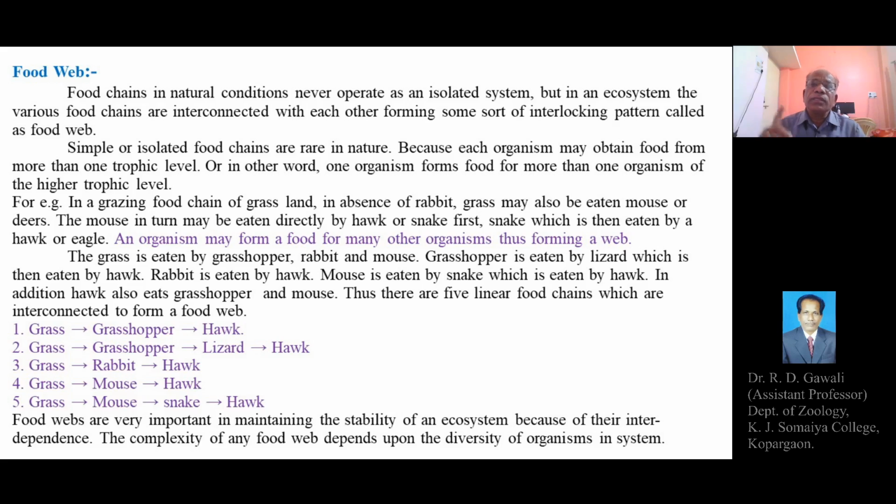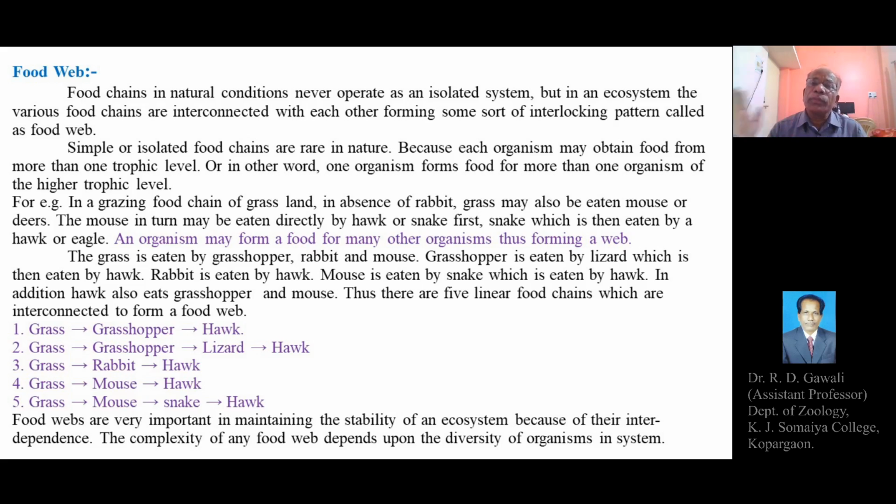There are several species or several types of organisms involved in each trophic level of the food chain, and thus the organisms present in the total ecosystem can feed on more than one or two feeding levels or trophic levels, or they can utilize several species of organisms as food. We can say one organism can eat more than one species.